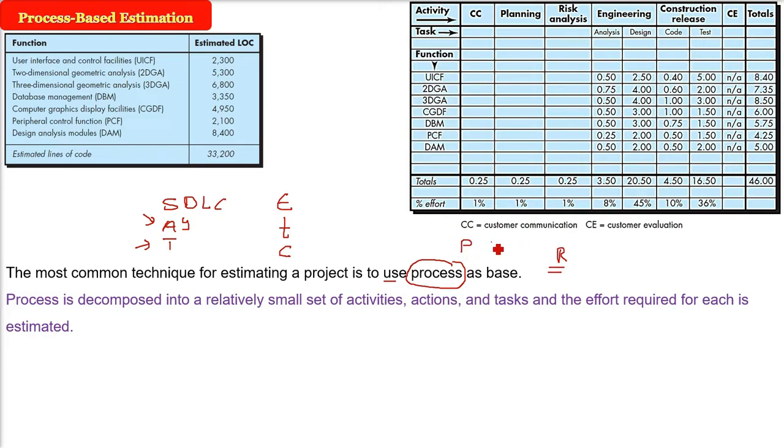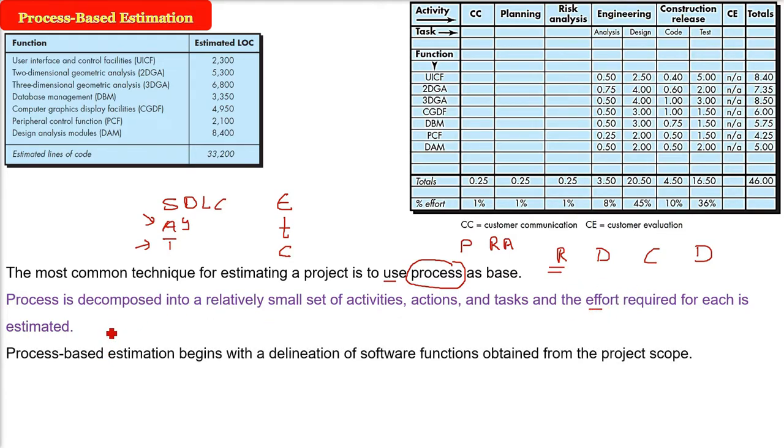Before that, we do the planning, also risk analysis. And after this requirement engineering, then we do the design. Sometimes the requirement engineering and design are combined. Then the construction part and the deployment part. So we'll divide these into different parts so that we can divide the activities, action, task, and then we can find out the effort, which we can estimate.